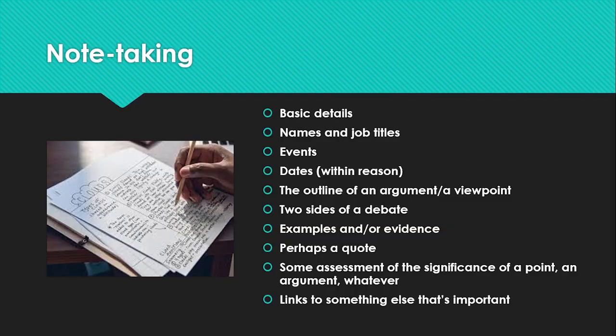But when it comes to whether they were successful or not, you want the outlines of the two sides of the debate, examples and maybe evidence too. Perhaps a quote. Though be clear, it's okay to paraphrase a quote in the exam. And some assessment of the significance of a point, an argument, a policy, or whatever. And two, any links to other points you think are important.